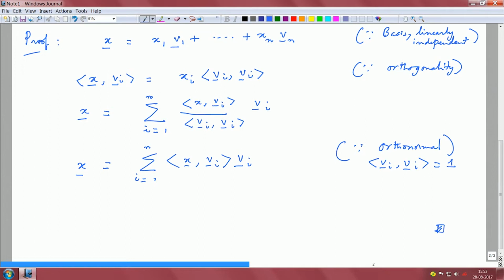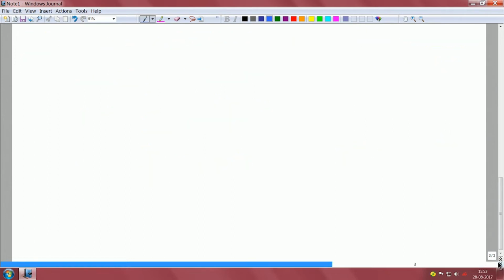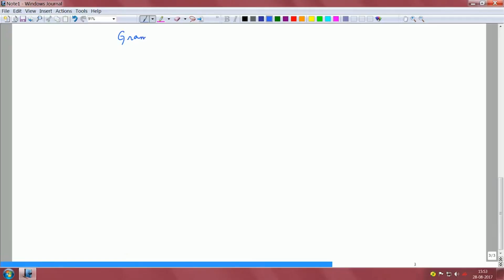So, with this theorem, we will now proceed to an important step called the Gram-Schmidt orthogonalization.